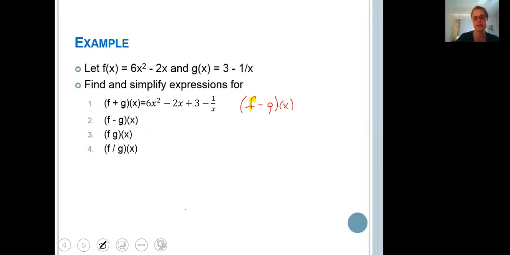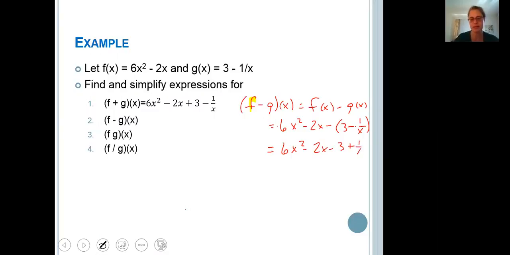That's f of x minus g of x, which is just 6x squared minus 2x minus the entire definition of g, which means what we really have is 6x squared minus 2x minus 3 plus 1 over x.